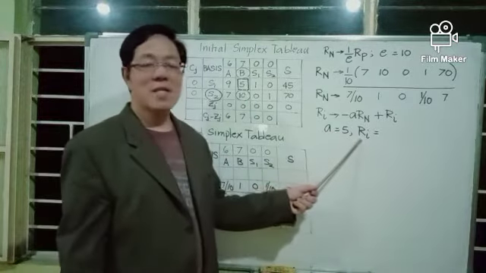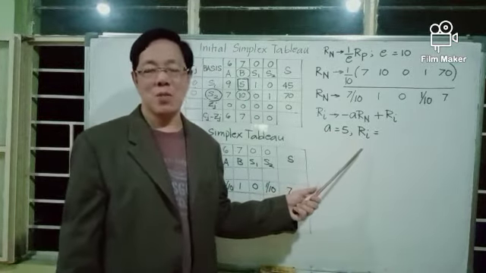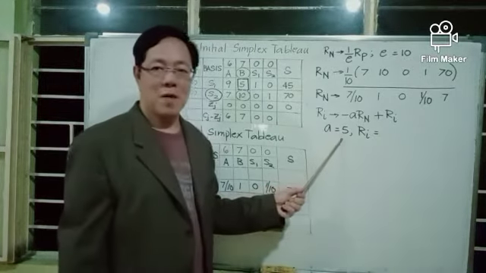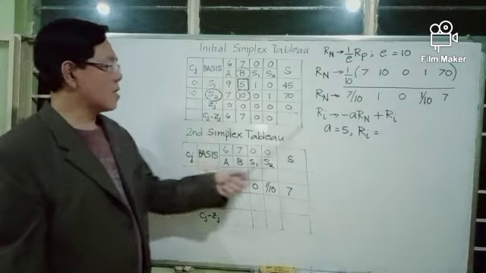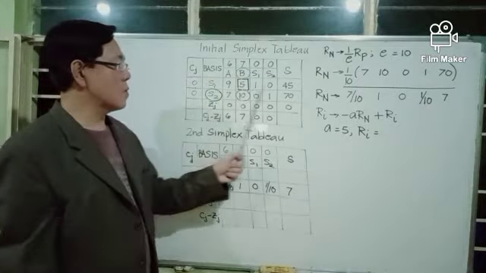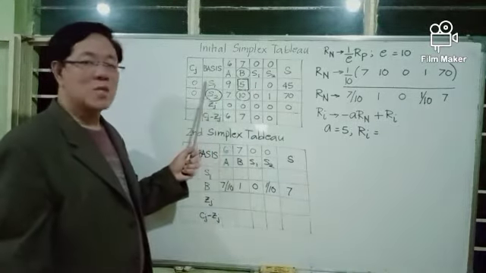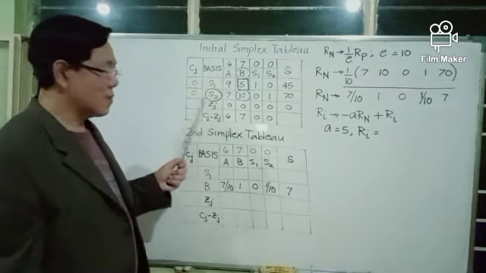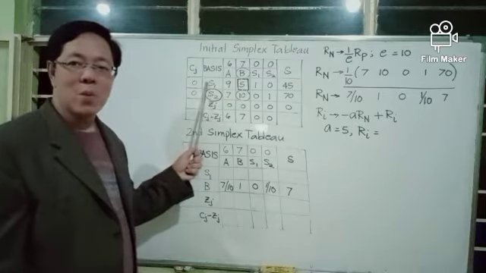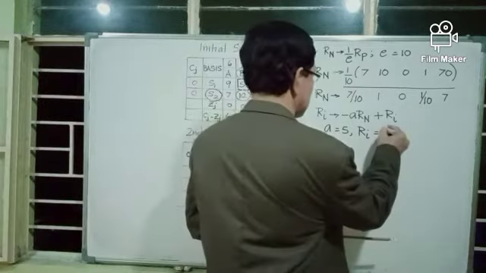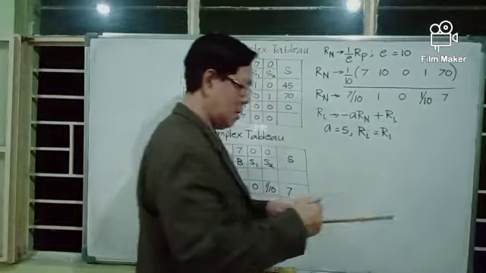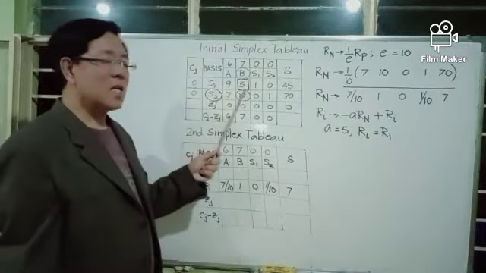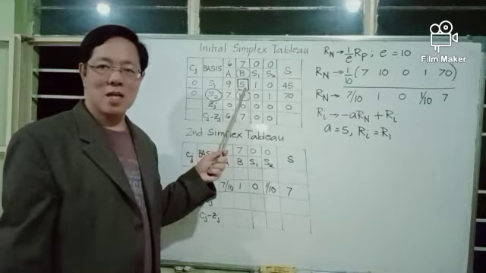R sub i is the row containing 5, which we denote by R1, or row 1. This will be row 2, and this is our row 1, the row containing the element to be changed to 0.